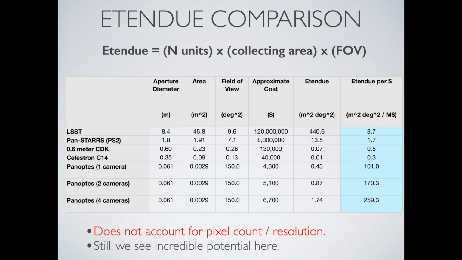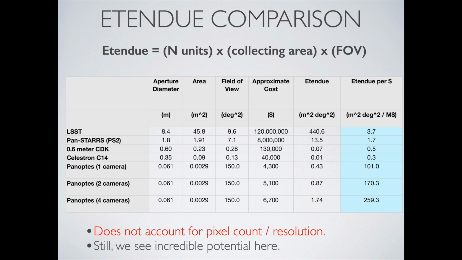So if we compare the cost per Etendue between PANOPTES and LSST, we find out that we're actually 340 times more efficient than a project like LSST. Of course, for most scientific investigations, LSST is much better than PANOPTES. But for monitoring a very large number of stars, the type of hardware that we're advocating for is actually very high performance.